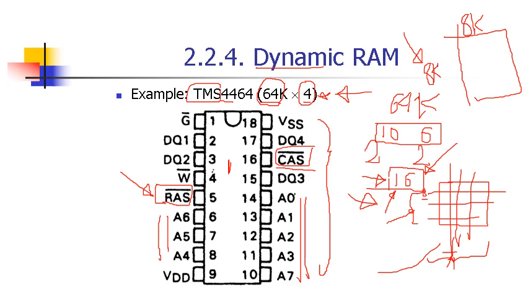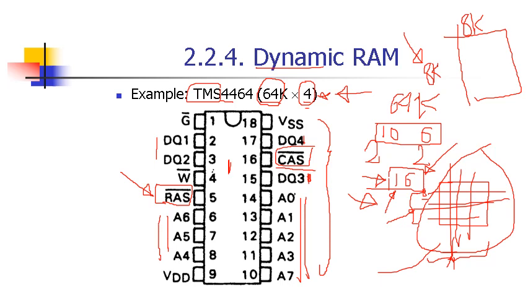So we switch between row and column to access a specific 4 bits of data. A specific 4 bits of data you take from DQ1, DQ2, DQ3, and DQ4. So this is where you get your output from. So we reduced the number of address pins by arranging the data into M by N columns.